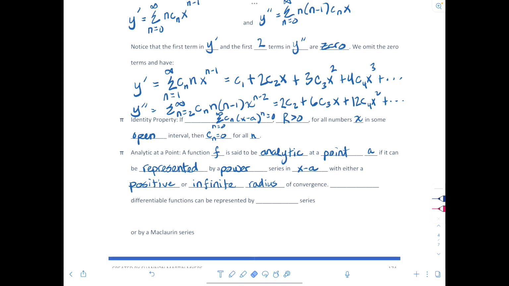Infinitely differentiable functions can be represented by Taylor series.